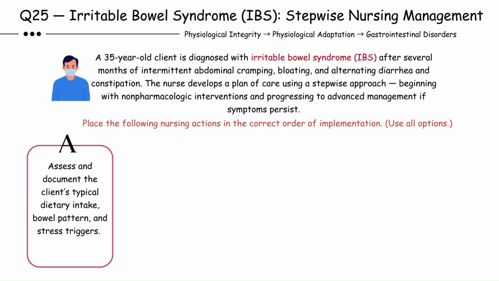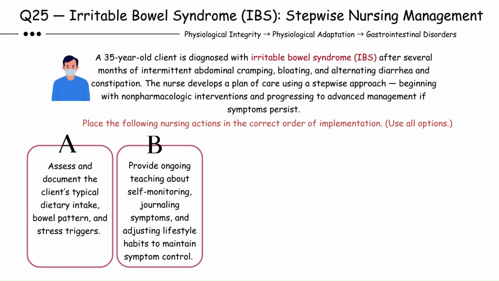Option A. Assess and document the client's typical dietary intake, bowel pattern, and stress triggers. Option B. Provide ongoing teaching about self-monitoring, journaling symptoms, and adjusting lifestyle habits to maintain symptom control.